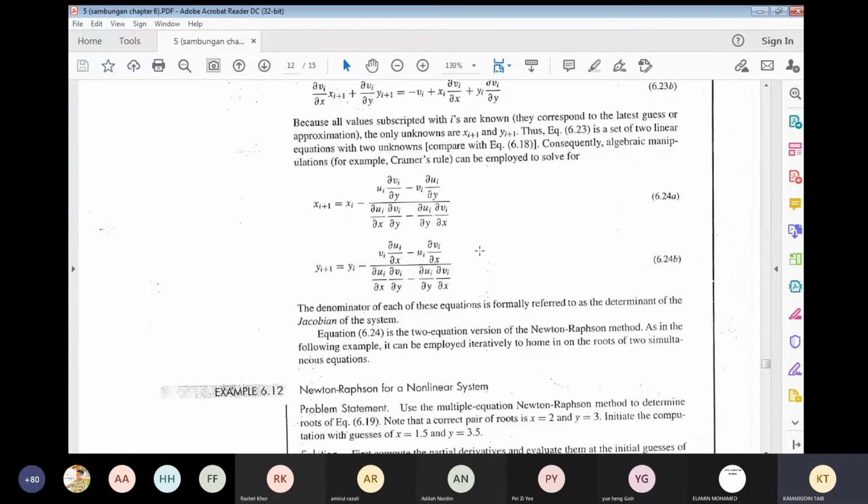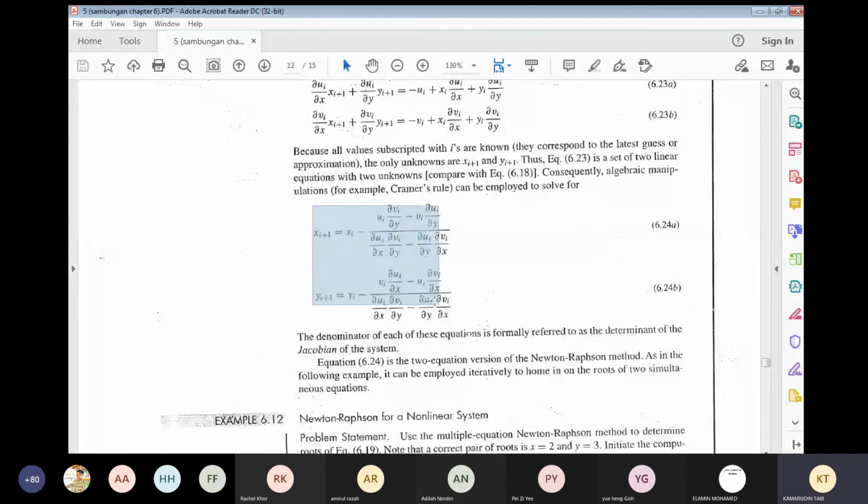The Newton-Raphson for a nonlinear system is computed by using these two formulas. The updated value x(i+1) equals the previous value x_i minus u times partial of v with respect to y, minus v times partial of u with respect to y, divided by du/dx times dv/dy minus du/dy times dv/dx.